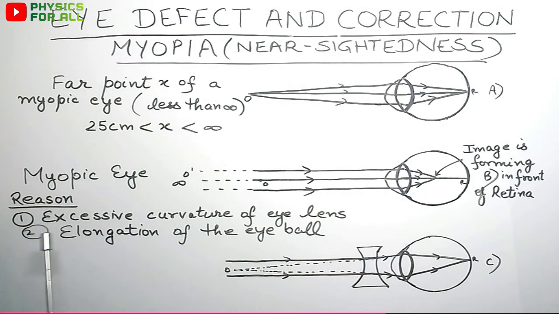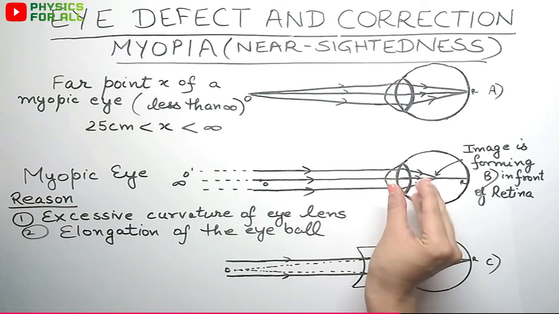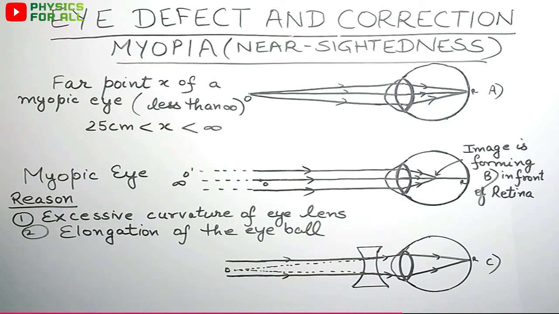So if the curvature of the eye lens increases, that means the lens gets thicker, then we know that its focal length will decrease and it will try to converge the rays at much shorter distances. So this could be the possible reason. Excessive curvature of the eye lens means this curvature has widened, it has got thicker. This is the meaning of this particular statement.